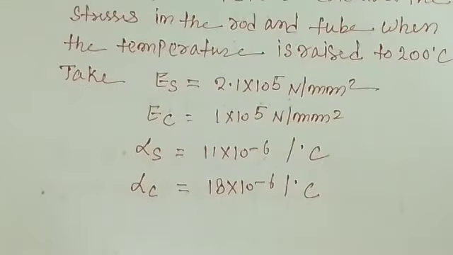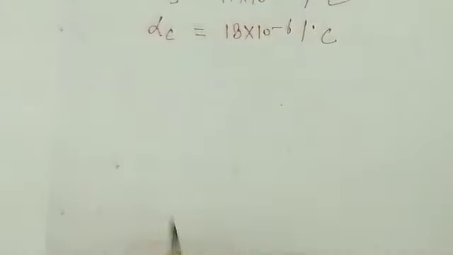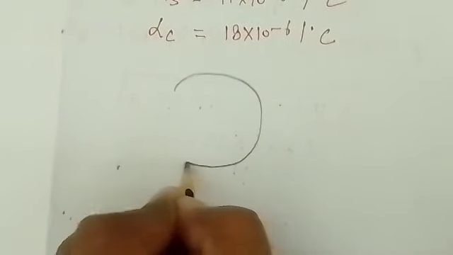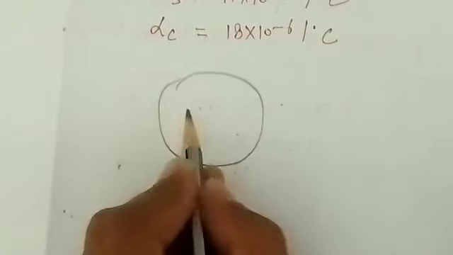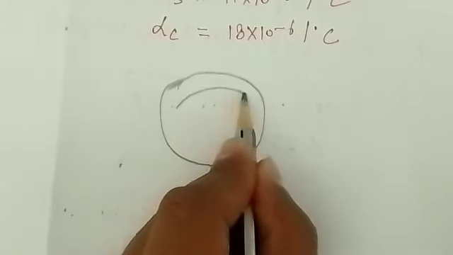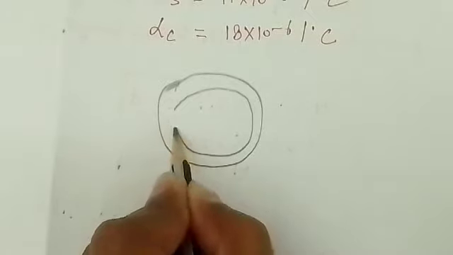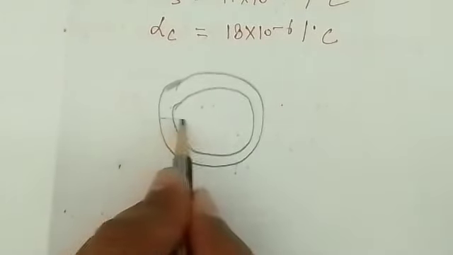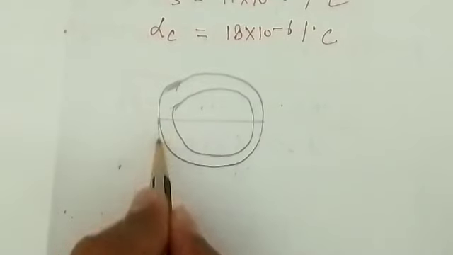So first of all, let me draw this. Let's say you have one steel tube like this. Suppose this is your outer diameter and this is the inner diameter, right. Let me locate the center.